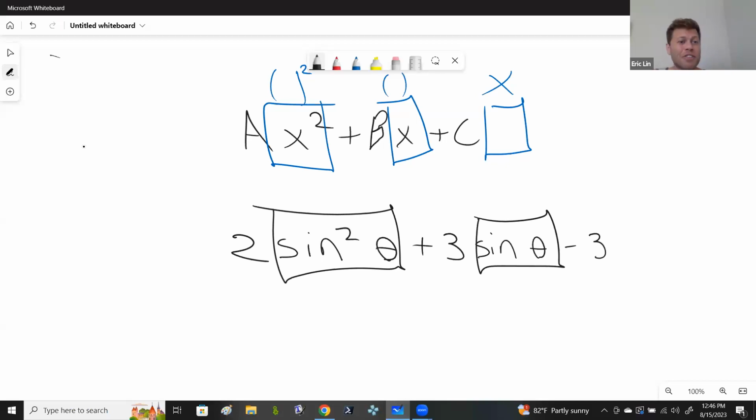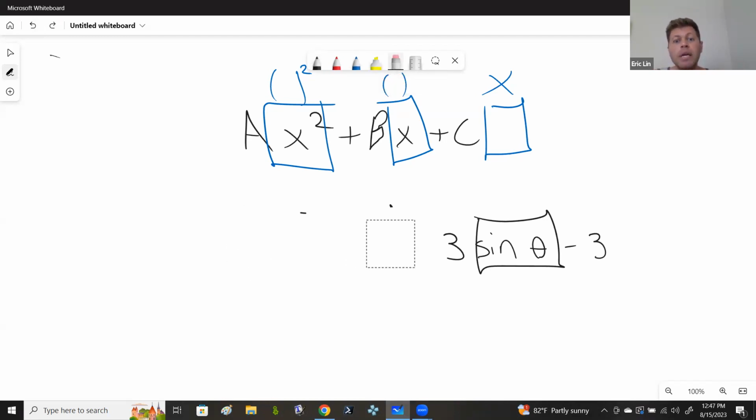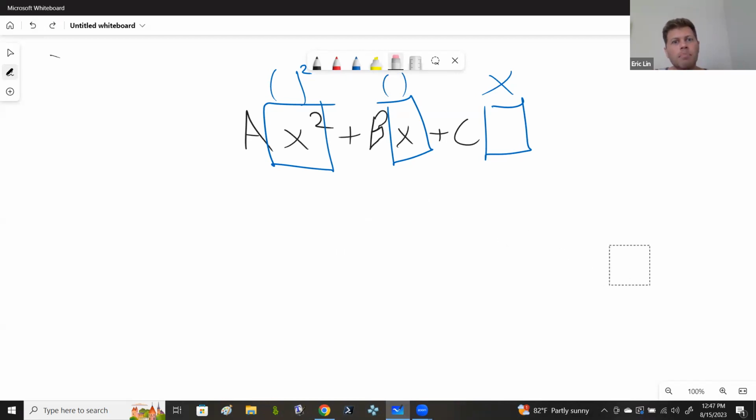All you need to know is I have a thing, it's squared here, and then it's not squared over here. So I can factor it. Even if you have never seen this thing that's called sine theta in your life, you can at least look at it and say, well, I can factor this, I guess. So be on the lookout for those things.